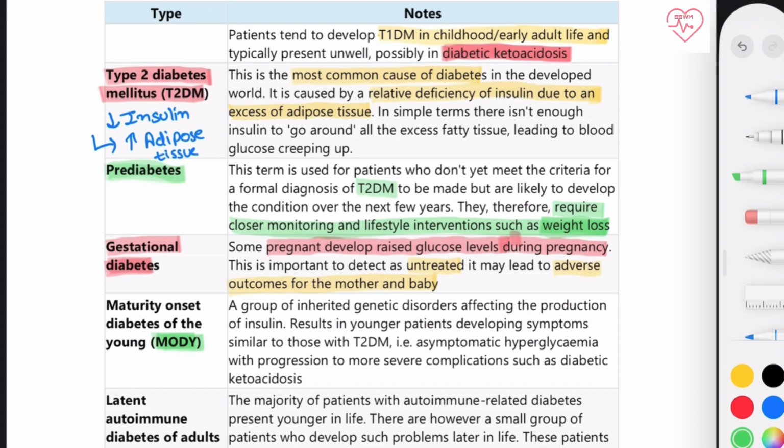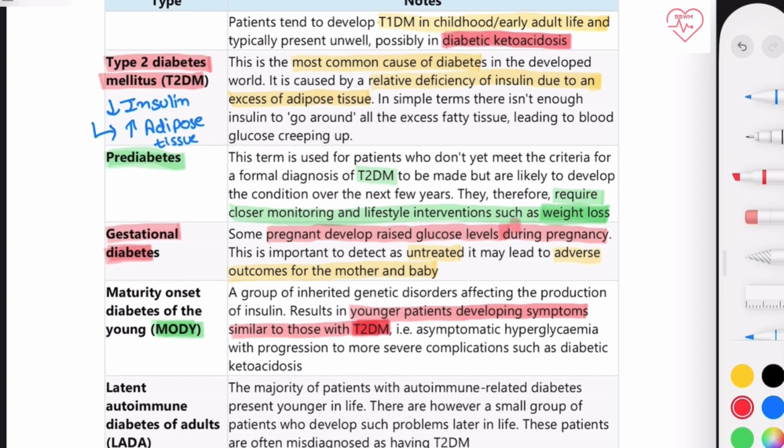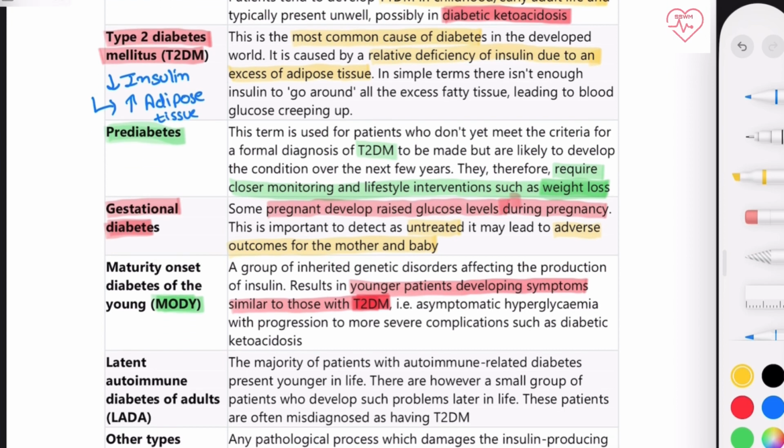These genetic disorders affect the production of insulin, and that results in younger patients developing symptoms similar to those with type 2 diabetes mellitus. That could be asymptomatic hyperglycemia, with progression to a more severe complication, that is diabetic ketoacidosis.